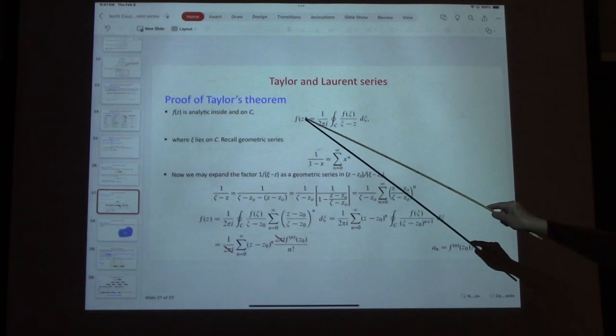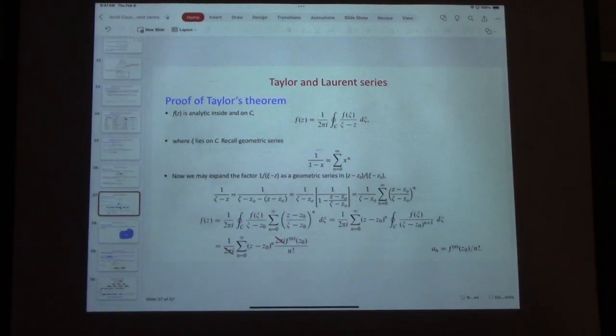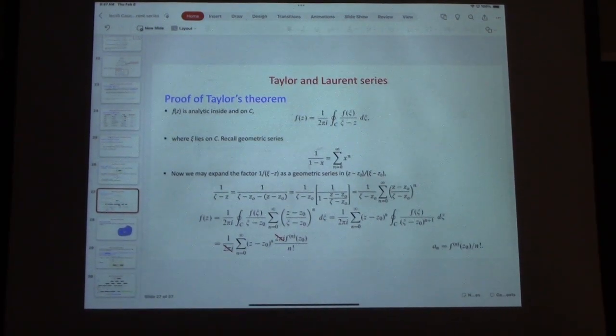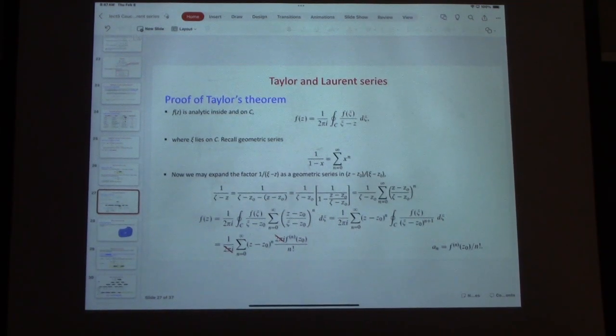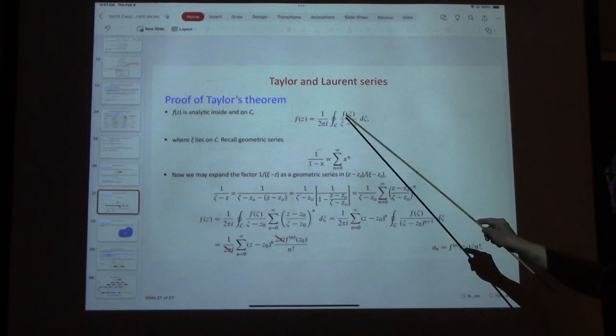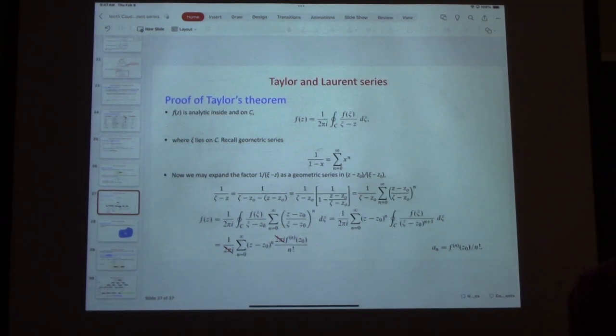Remember, what we want to show is this will be equal to a sum of a bunch of things, essentially a polynomial of z minus z0. That's what we want to prove, right? So you want to ask the question, can I expand that into a polynomial of z minus z0? Well, let's see here.